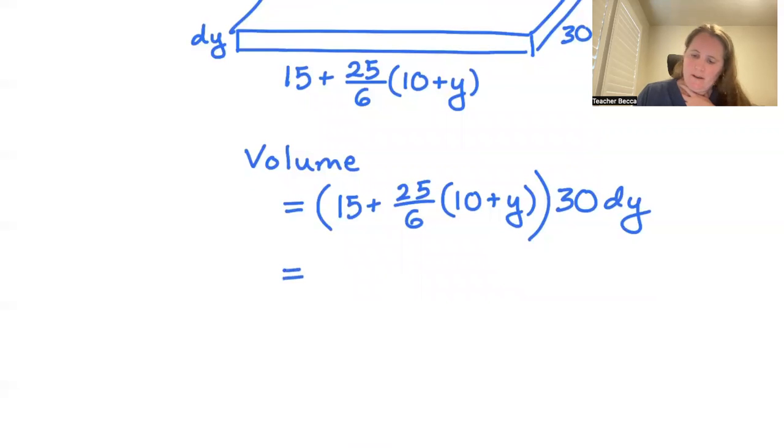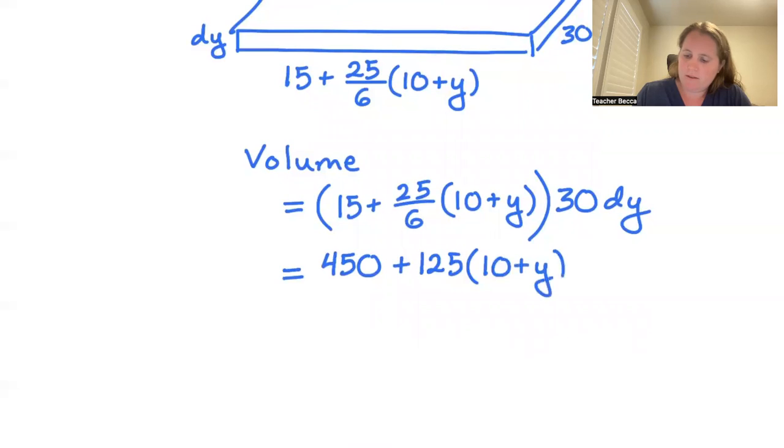This is the same thing as, let's see, 30 times 15, we would be looking at 450. Plus, if we do 30 times 25/6, that would be 125 times 10 plus y. This whole thing times dy.